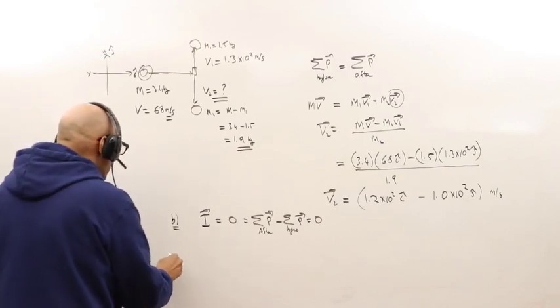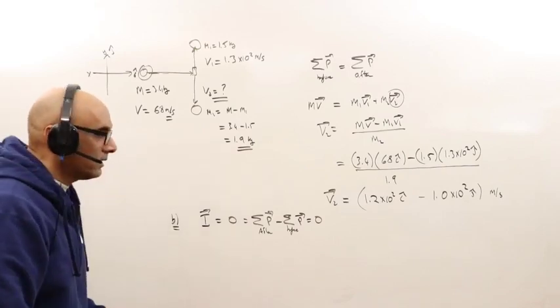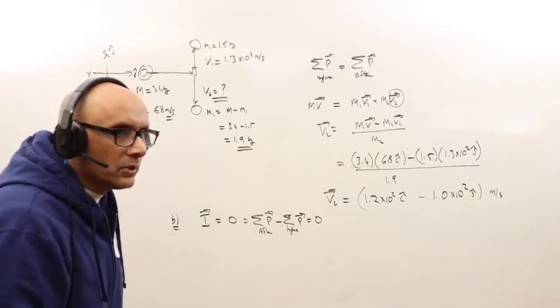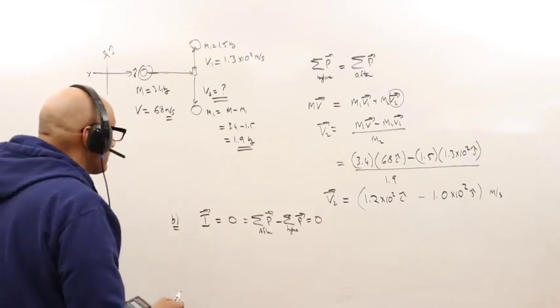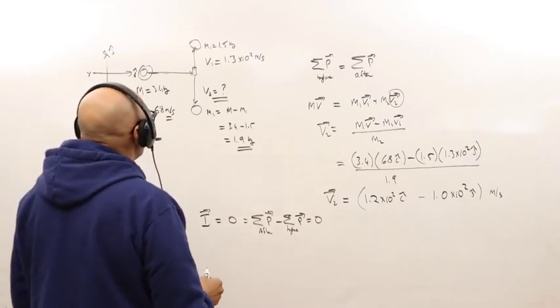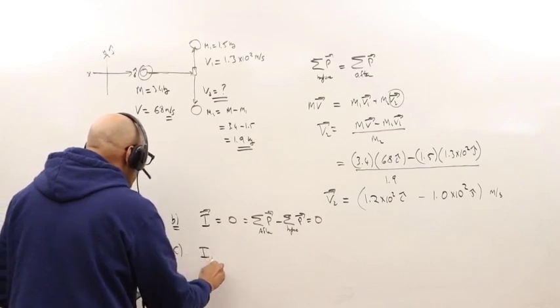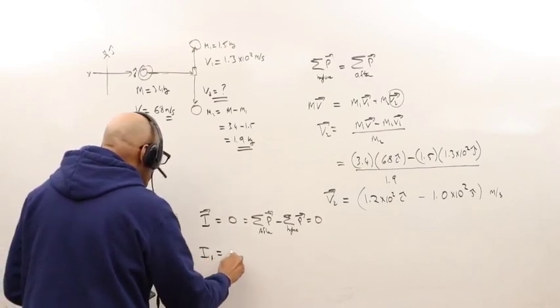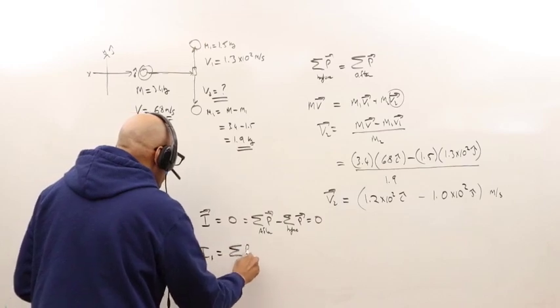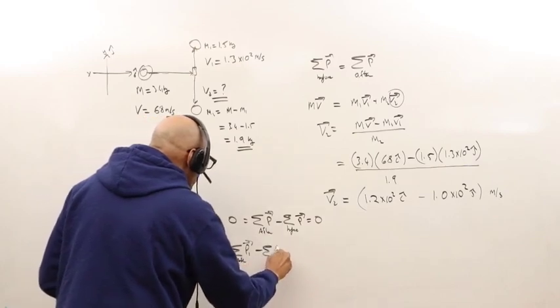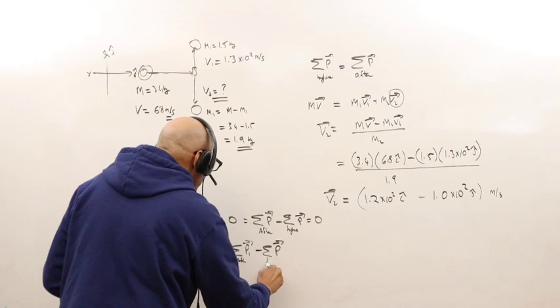Part C, and we'll have to calculate this. What is the impulse generated by the explosion on the 1.5 kilogram mass? So part C, the impulse on mass 1 is equal to the momentum on mass 1 after minus the momentum on mass 1 before.